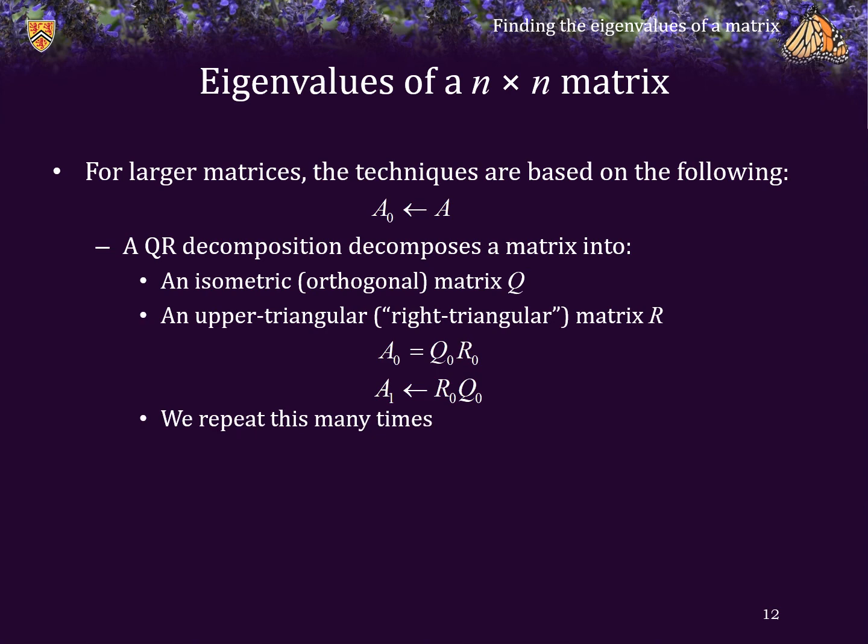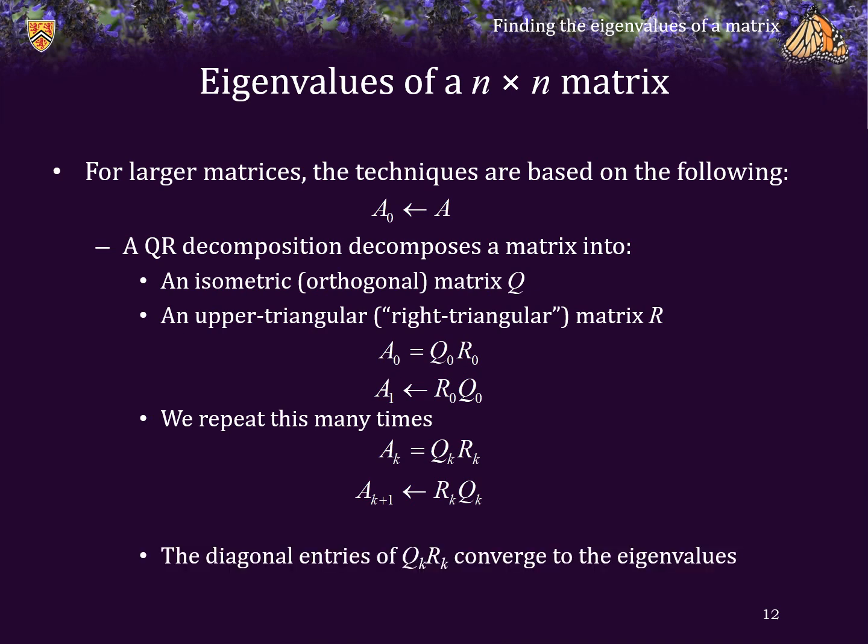We actually repeat this many times. So with A sub k, we calculate the QR decomposition Q sub k, R sub k. Then the next A sub k plus 1 is assigned R sub k times Q sub k. The diagonal entries of A sub k converge to the eigenvalues.